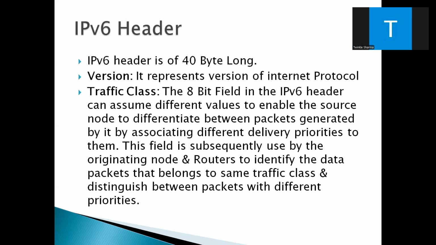This field is subsequently used by the originating nodes and routers to identify the data packets that belong to the same traffic class and distinguish between packets with different priorities.